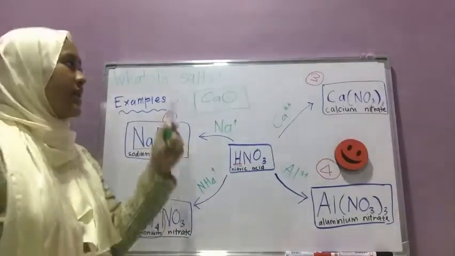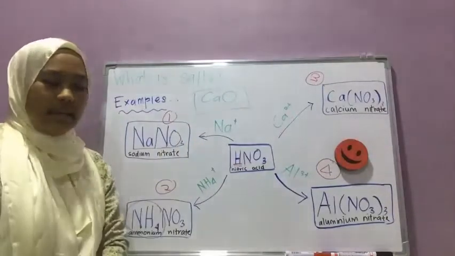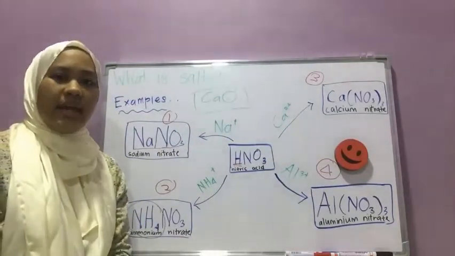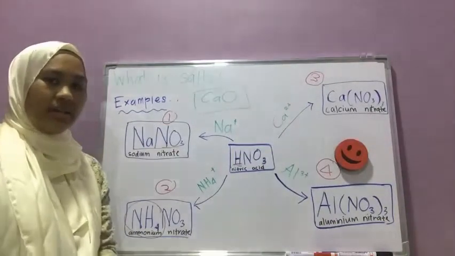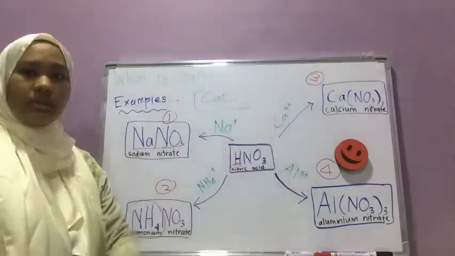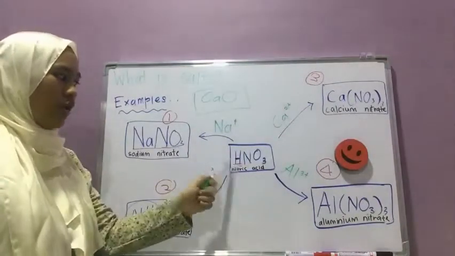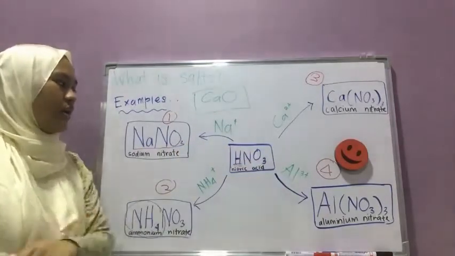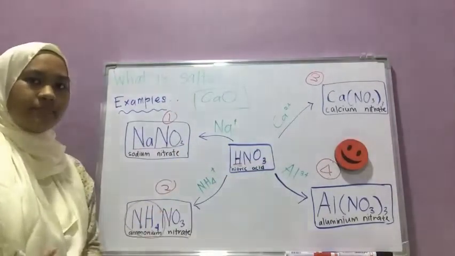Why? Because calcium oxide does not contain any acid. Okay, so these four are examples where the hydrogen of nitric acid is replaced by metal ion or ammonium ion.